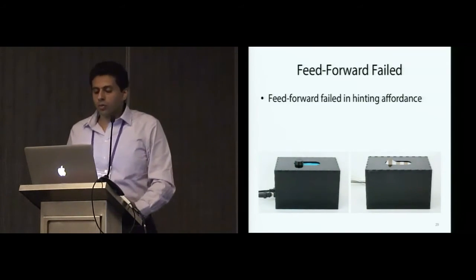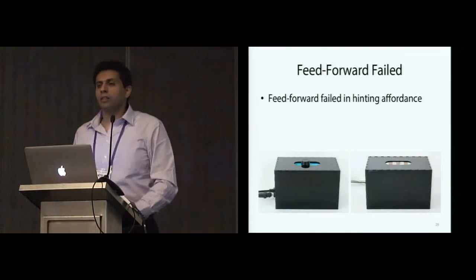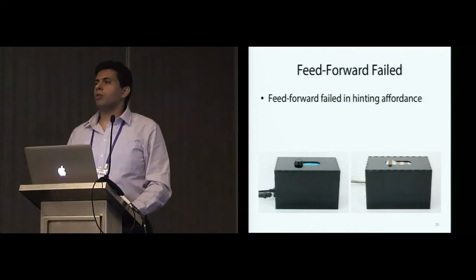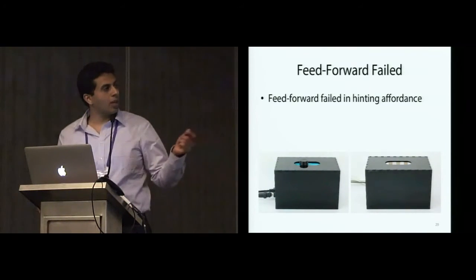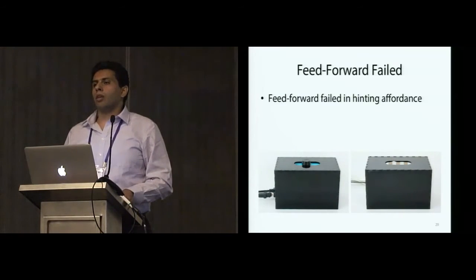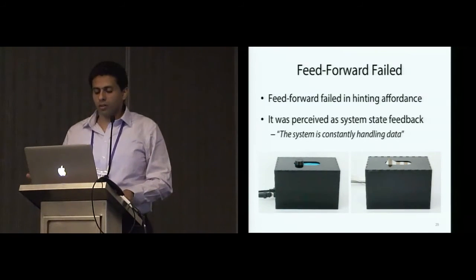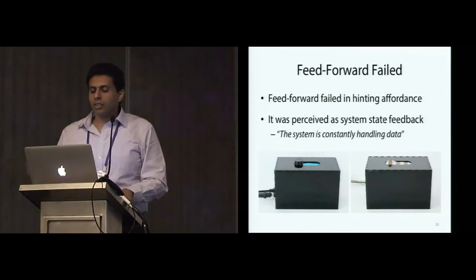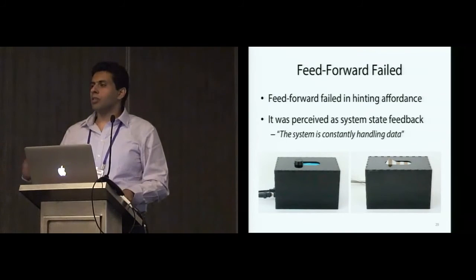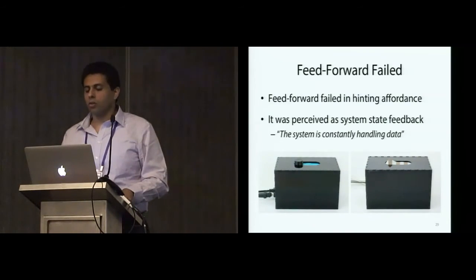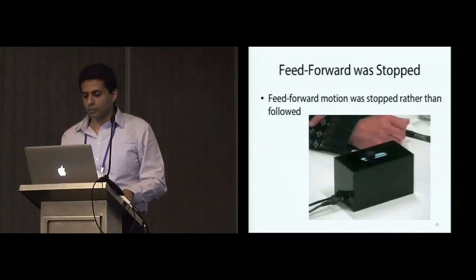The second thing that we noticed is that feed-forward failed in hinting affordance. Most of the users didn't see the feed-forward animation as an affordance signifier, although they saw it as a kind of system state feedback. They thought that this movement told them that the system is always processing or going through data or handling data.